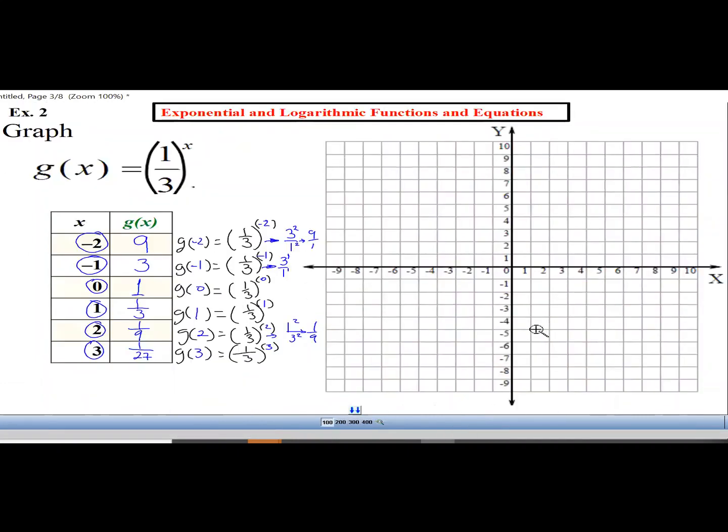All right. So to graph this, what was the process to graph this? Well, the first thing we need to identify is the horizontal asymptote, which is y equal to. So what would be our horizontal asymptote? Hayden. 0? 0.